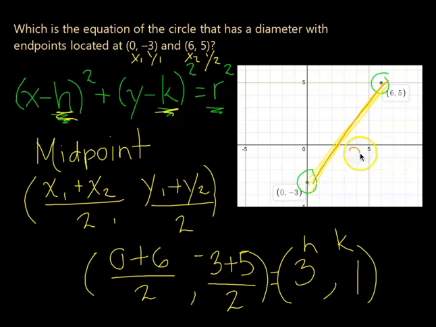So since the distance is 10, to find the radius, I would divide that distance by 2, cutting it in half, giving us 5.